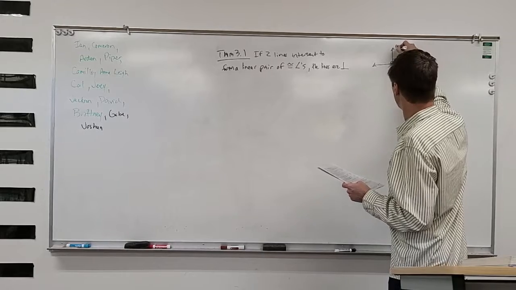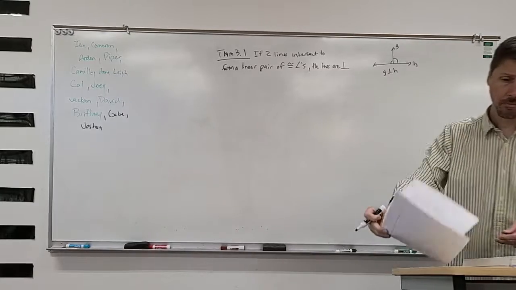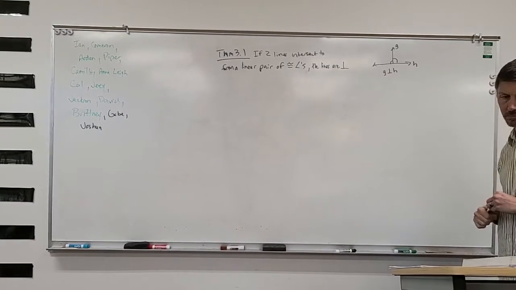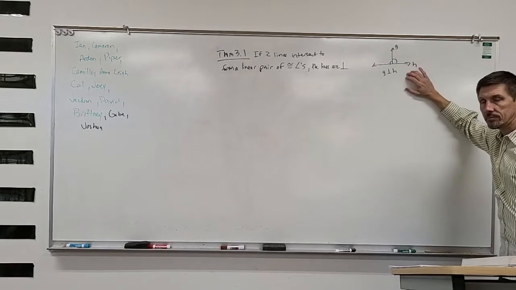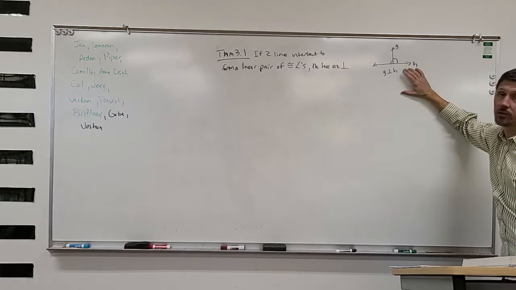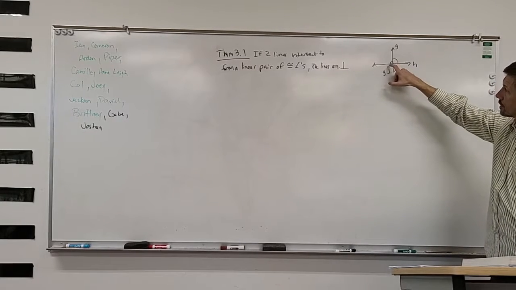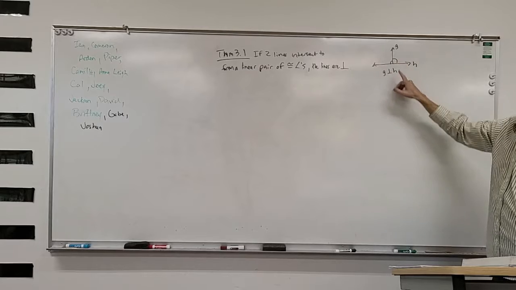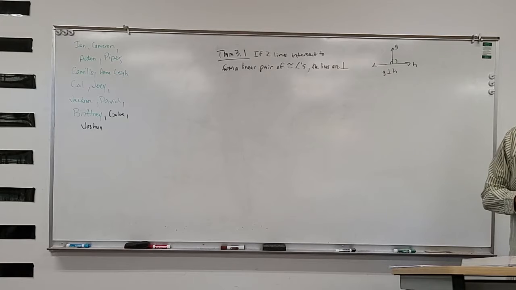This is line G, this is line H, and I can say G is perpendicular to H. So, if you look at my drawing, what is this curvy line here and that curvy line there? What does that mean as they are related to one another? Let's see if somebody that's not on the board can tell me that.